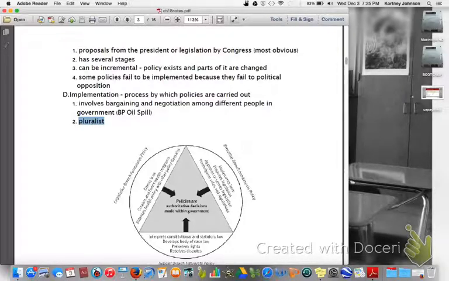But pluralism also allows for competing groups, and so things are more effective that way. Because you don't have minorities getting squashed, but you don't have majorities taking over minority rights. So this competing between bureaucracy and Congress and interest groups allows for the most effective policy making and policy answers.